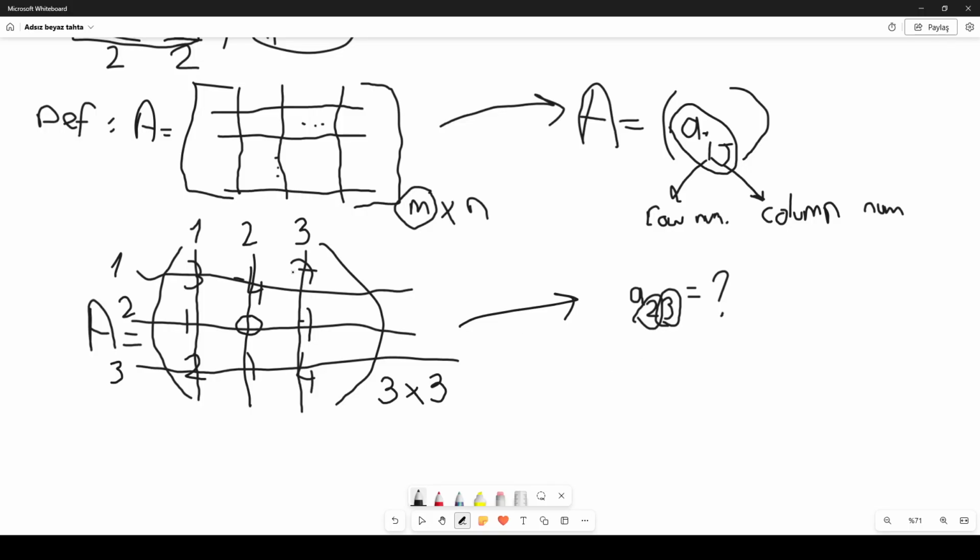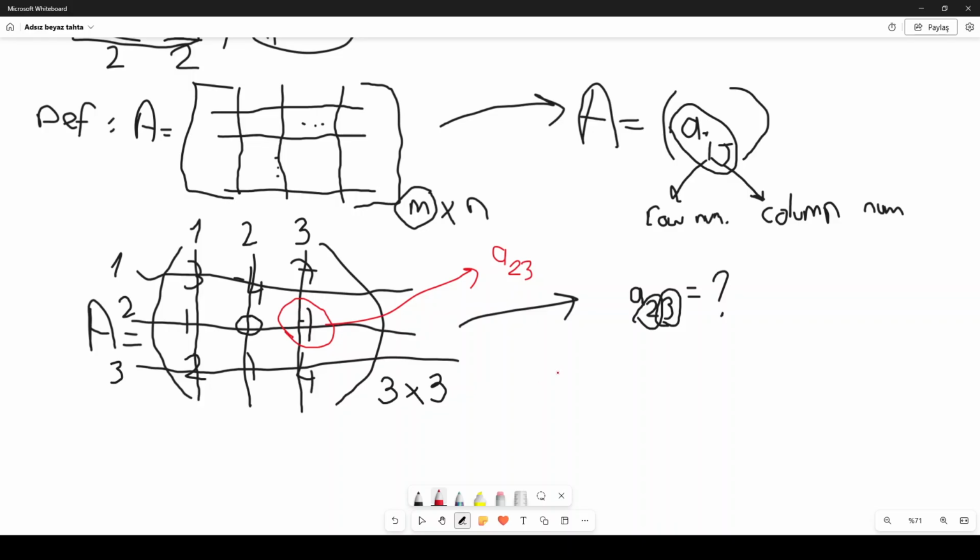What I mean is this. I look through the rows and find row number 2, the middle one, and where it intersects with the third column, look at this value here. This is the value that I am looking for. Maybe it would be better to write it in a different color. This is a_23, the entry in the second row and third column.